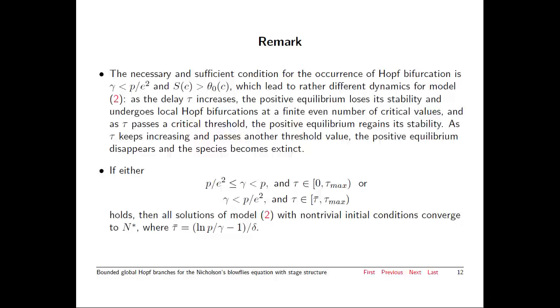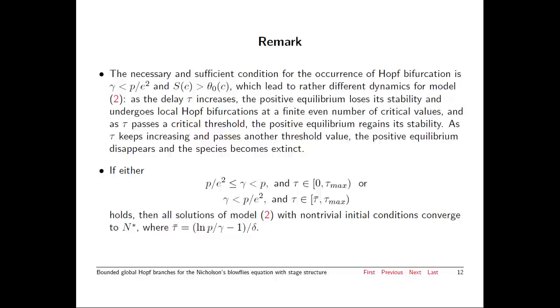More specifically, as we increase the time delay, the positive equilibrium will lose its stability from stable to unstable and undergo a local Hopf bifurcation at a finite even Hopf bifurcation value. And also if we continue to increase the time delay tau, the positive equilibrium will regain its stability.